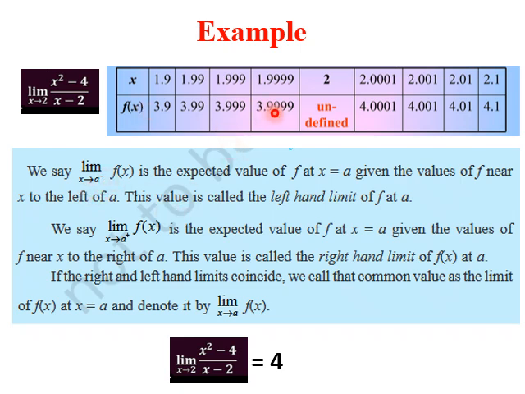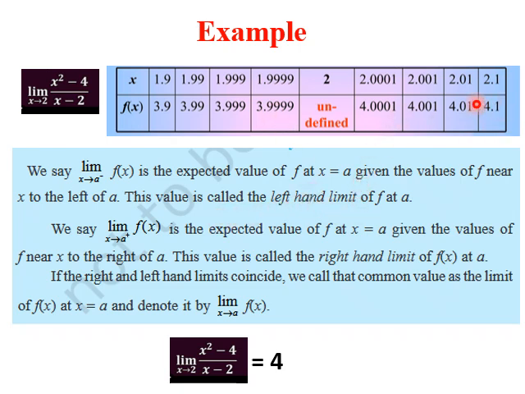So this value, say 3.9999, is called the left hand limit of f at a. When we approach a given point from the left hand side, the limit is the left hand limit.